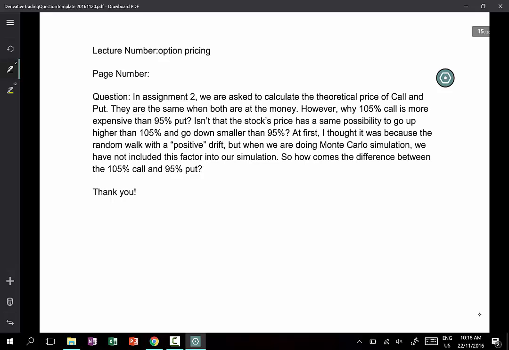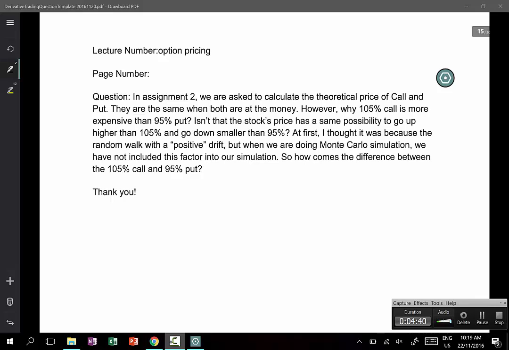Now this one actually is a little bit similar to a question that was asked earlier. In assignment 2, we're asked to calculate the theoretical price of call and put, and they are the same when they're both at the money. However, why is the 105 call, which is 5% out of the money, more expensive than the 95 put? You realize that.